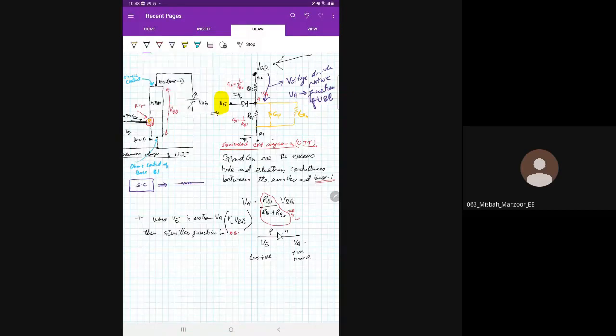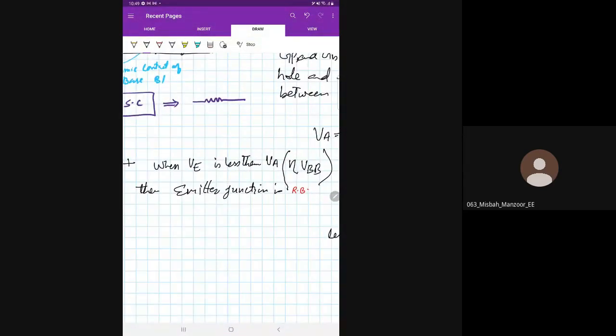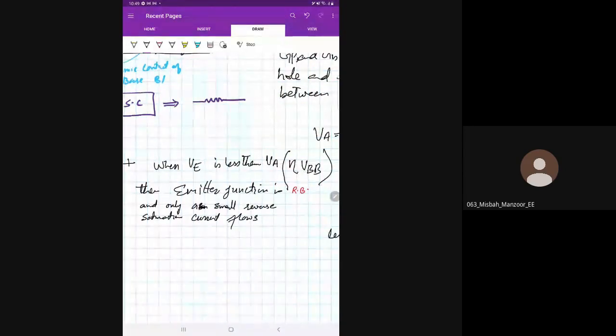If the emitter junction is reverse biased, only a small reverse saturation current flows through it in the emitter circuit.